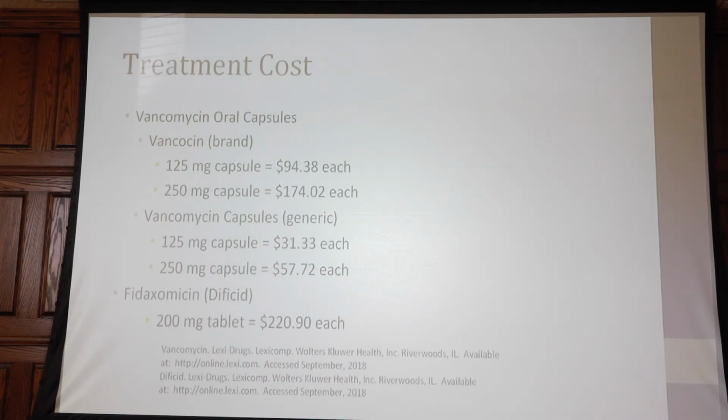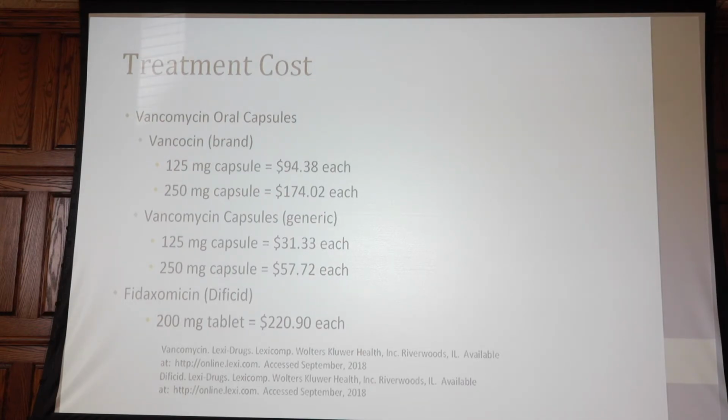So the last thing I want to touch on is treatment costs. This is specifically for the outpatient setting. If you are going to send somebody on with a prescription for vancomycin, vancomycin was the only brand available up till a few years ago. Each capsule of 125 milligrams was $94. So the treatment for 10 days is in the thousands.